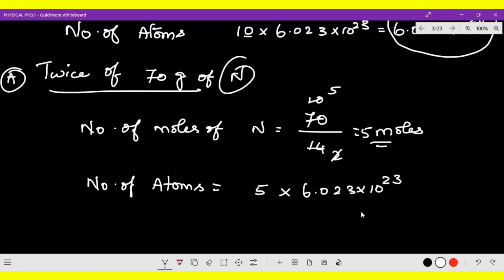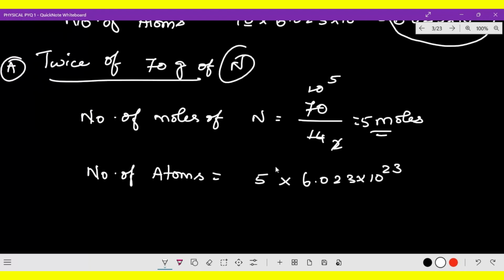Six into 5 is 30, so you get around 30.1 something, which we can write as 3.011 into 10 to the power of 24, because 30 has one extra power of 10. So these are the atoms of nitrogen.